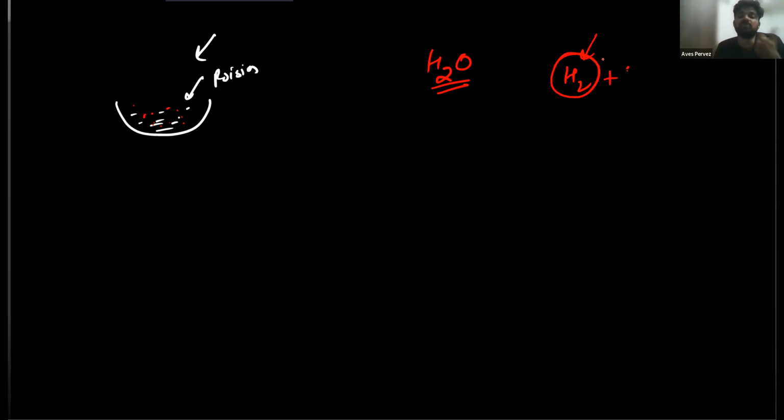Anything that kills us if we inhale or eat it is poisonous for us. Got it? But if we drink water, it is not going to kill us. Why? Because hydrogen is not showing its property right now. So in a compound, the elements do not show their property. Everybody understood? So this is the main difference.